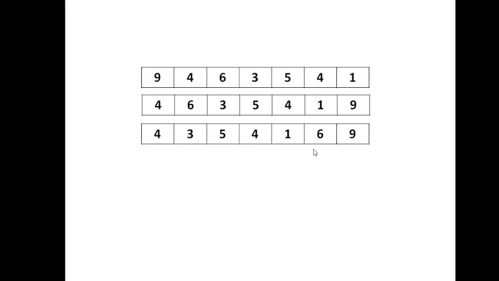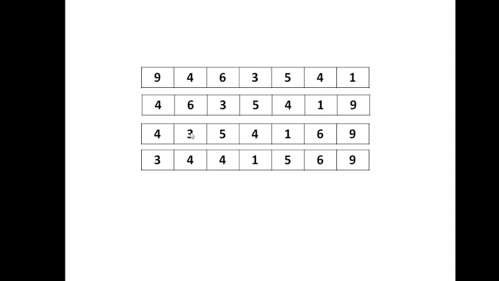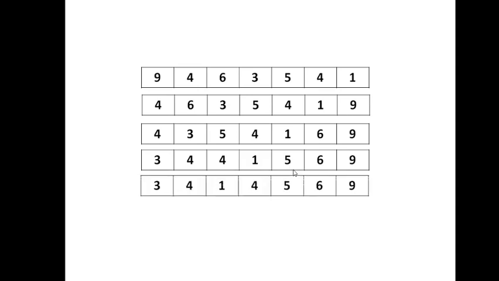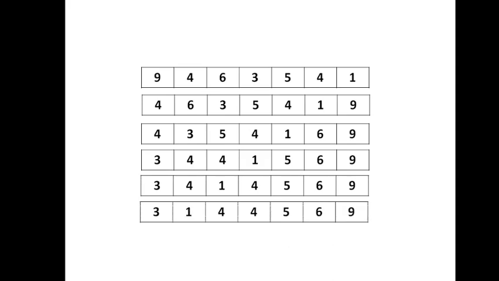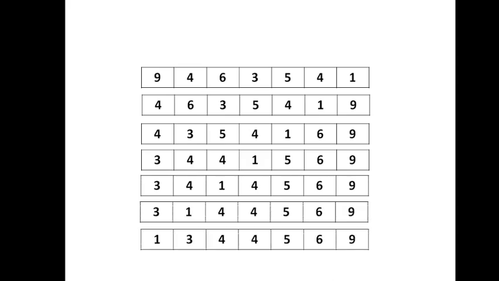So the list is modified like this, and then next iteration 3 comes to the first position, 4 is pushed to the next position, and 5 is pushed to the correct position for its value, and this continues, and exactly at the n minus 1th iteration we get the list sorted in the same way.